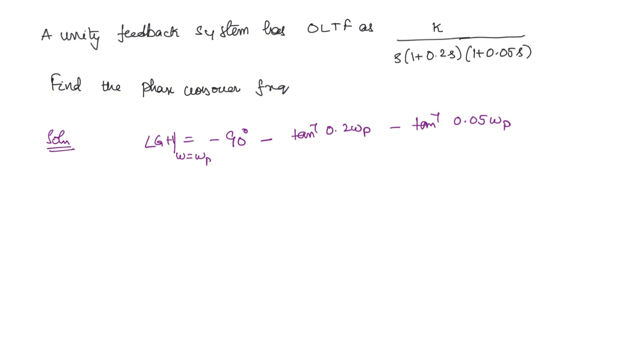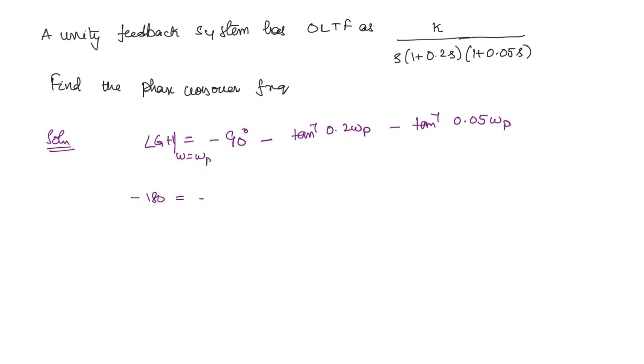So you can see that all the angles are negative here. So the phase we can take as minus 180, because plus 180 and minus 180 represent one and the same thing. But whatever be the value of omega p, this entire phase will be negative only. So we have to take minus 180. Otherwise you will get a wrong value of omega p.